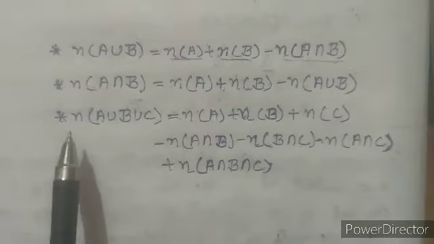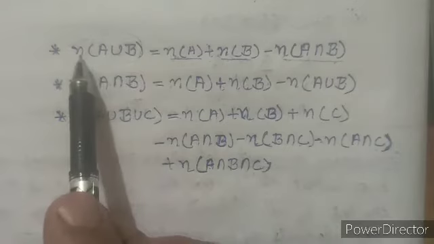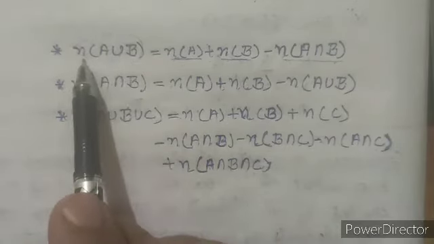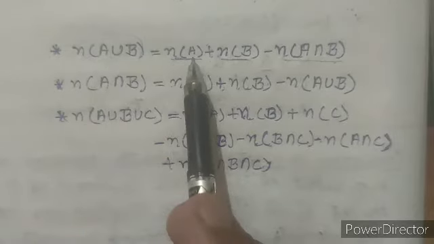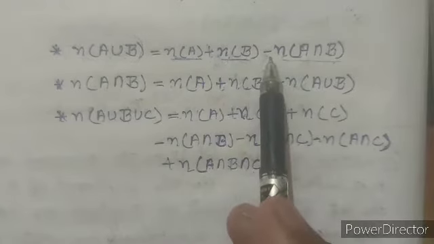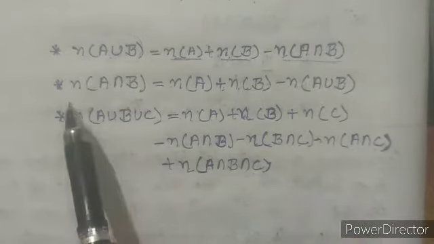Now here are some relations related to union and intersection of sets. n(A union B), that means the cardinal number of A union B, will be equal to n(A) plus n(B) minus n(A intersection B).